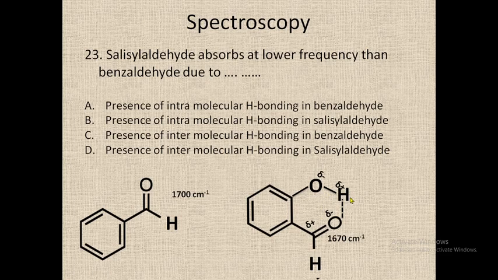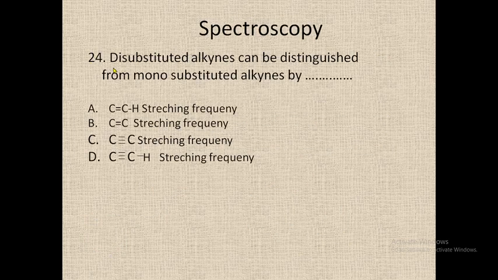So therefore, what will be the answer? The answer will be B, that is the presence of intramolecular hydrogen bonding in salicylaldehyde. So if you see here, the stretching frequency lowers down to 1670 centimeter inverse.